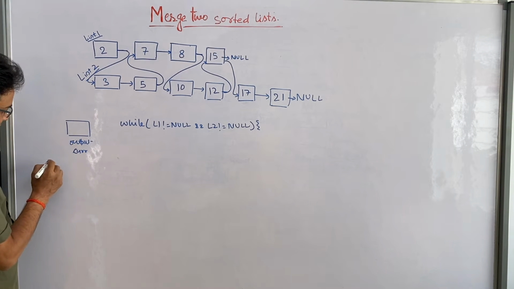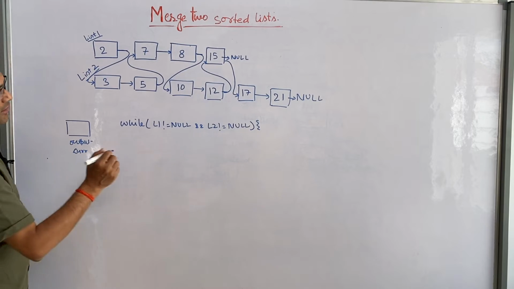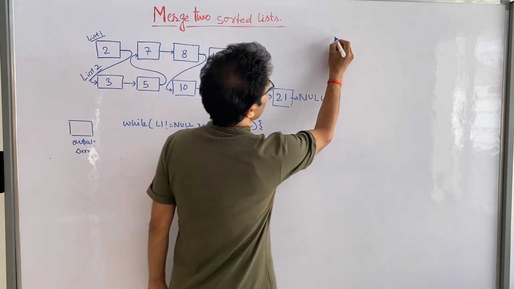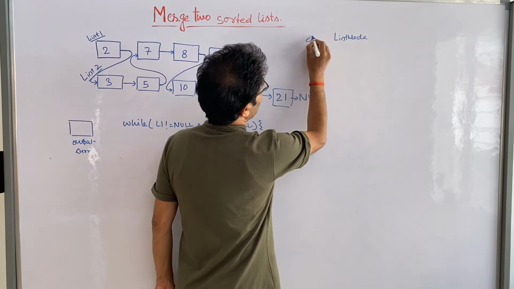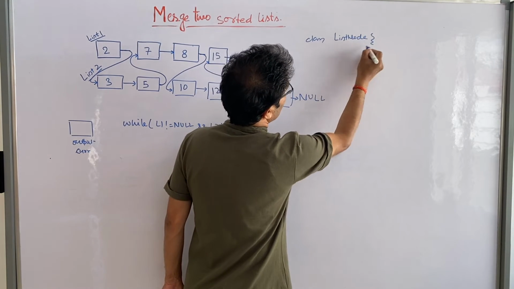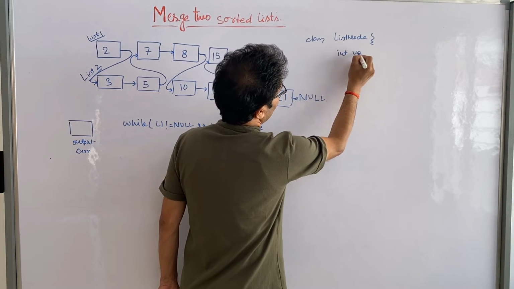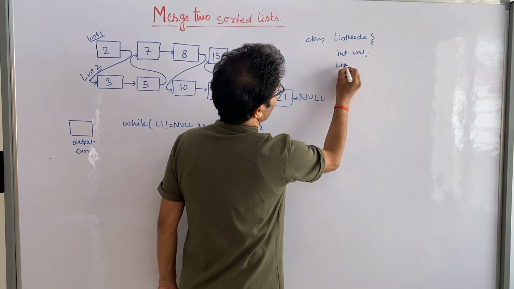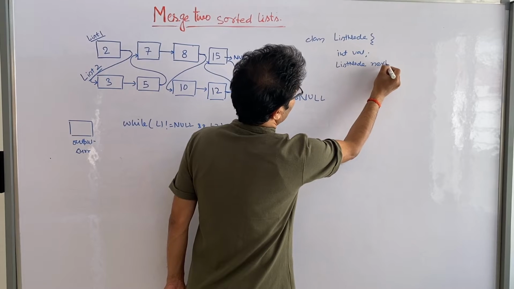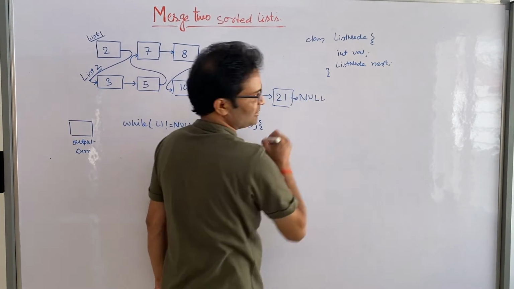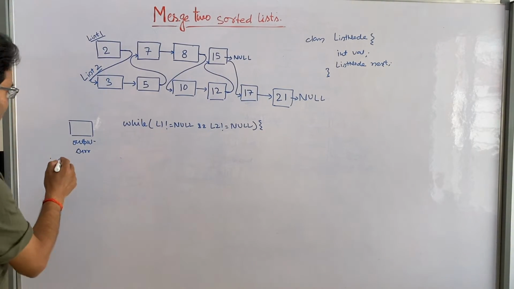So first you have to create these things, right? How will I create that? Suppose this is the ListNode class, and in this ListNode I have two things: one is the int value and another is the ListNode that will take the address of the next node. If this is the class, how will I create that?